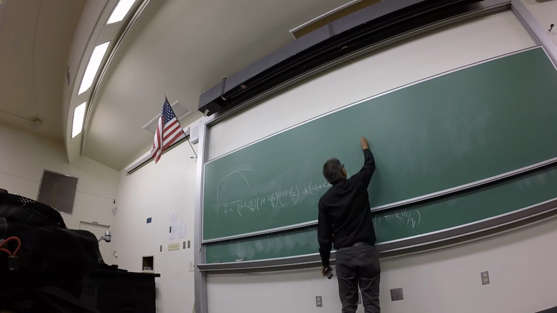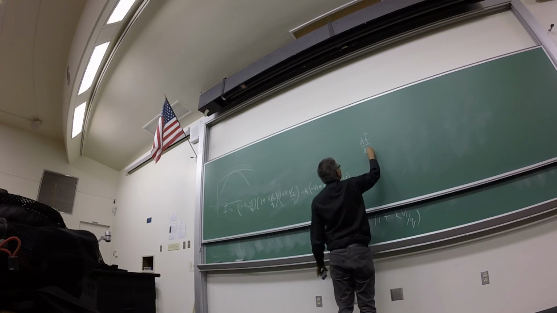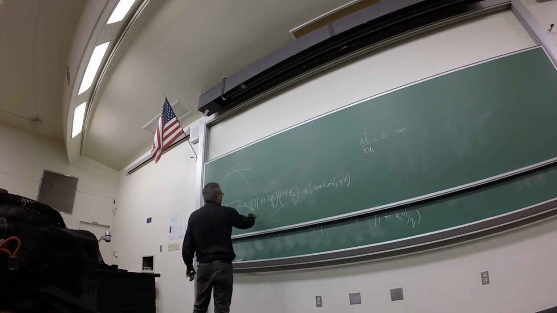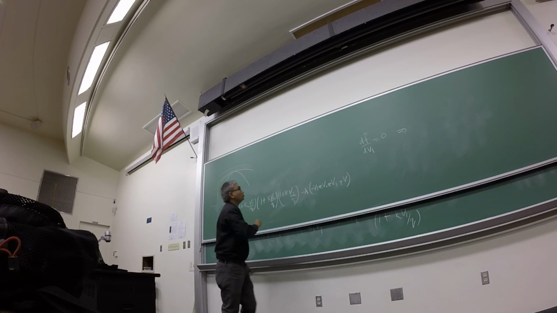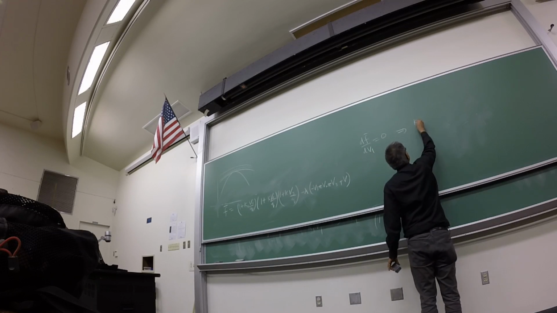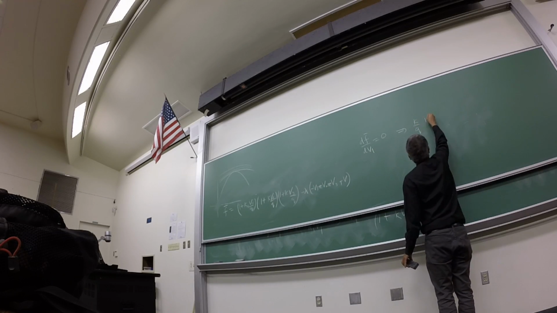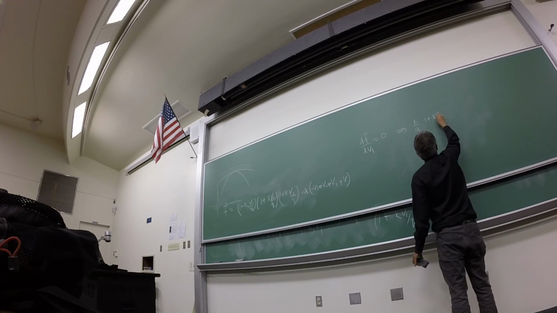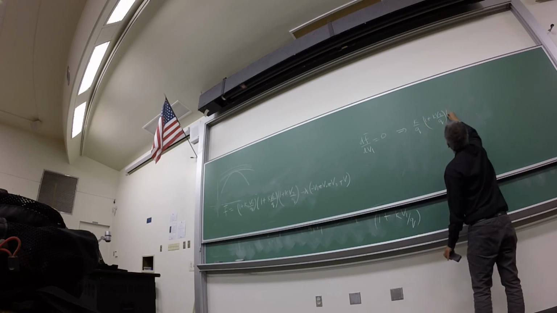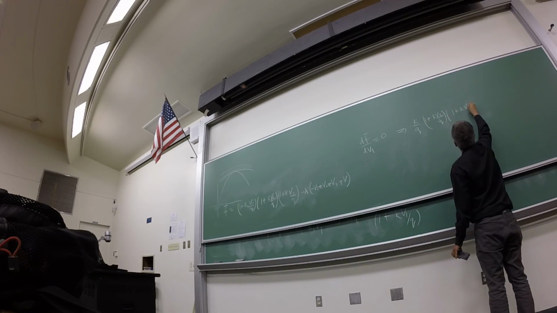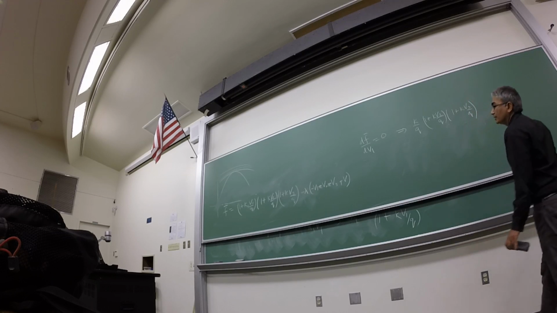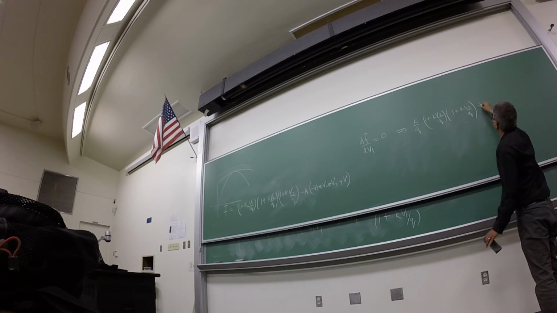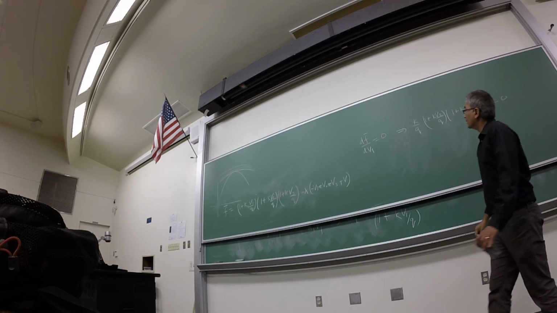Okay, so dF bar dV1 equals 0. This will give you k over q times 1 plus k v2 over q times 1 plus k v3 over q, right? And then plus lambda equals 0.